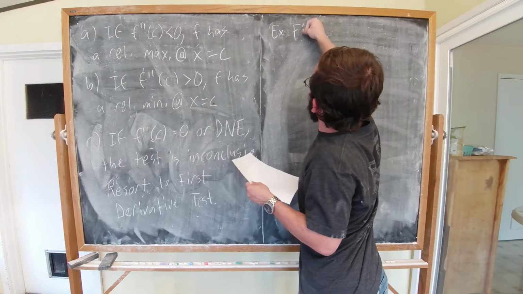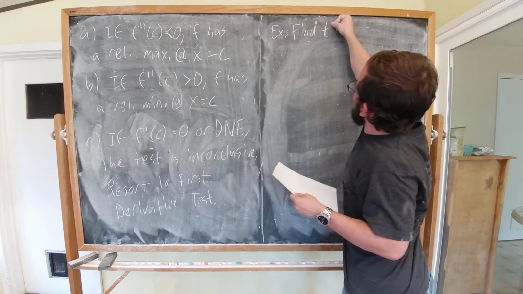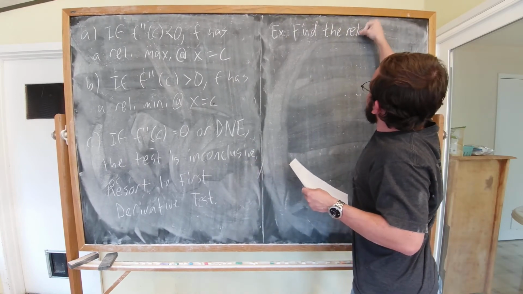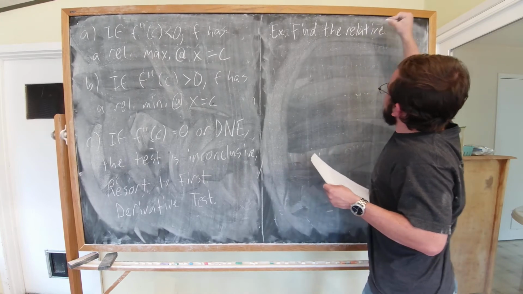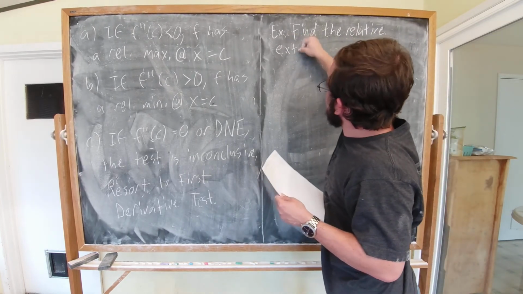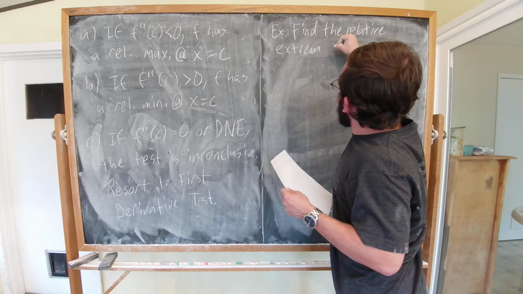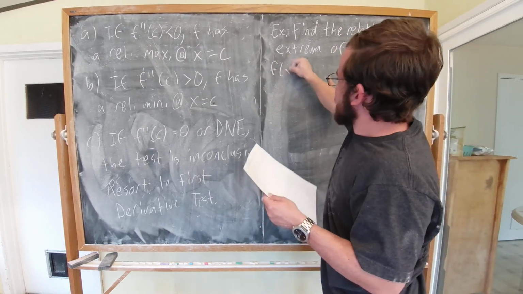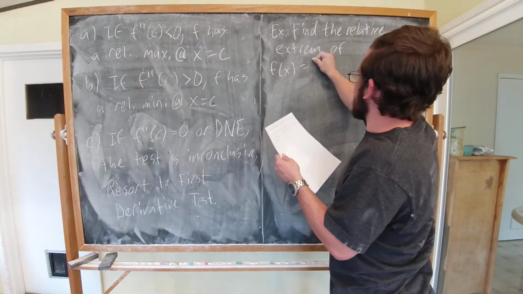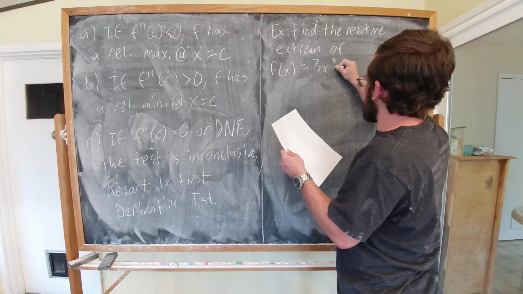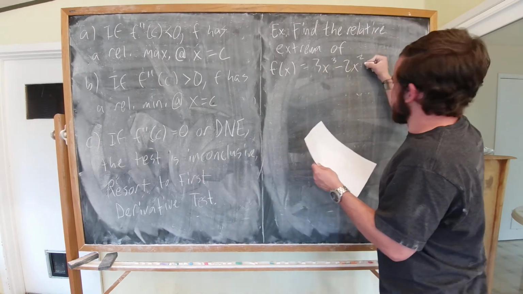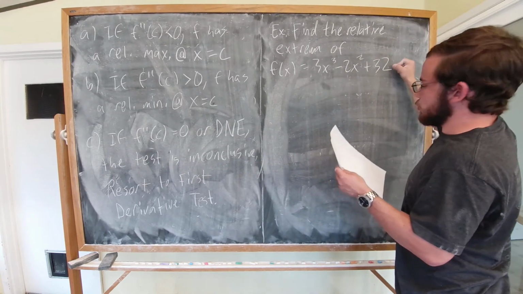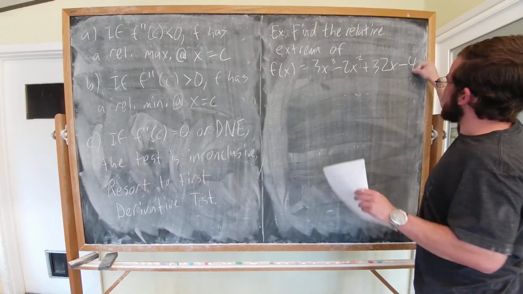Let's find the relative extrema of f of x equal to 3x cubed minus 2x squared plus 32x minus 4.